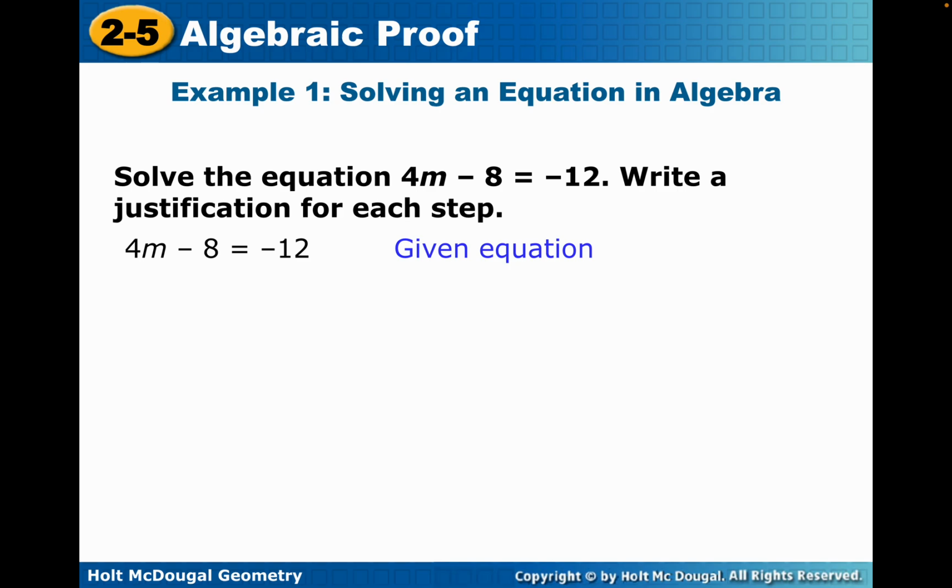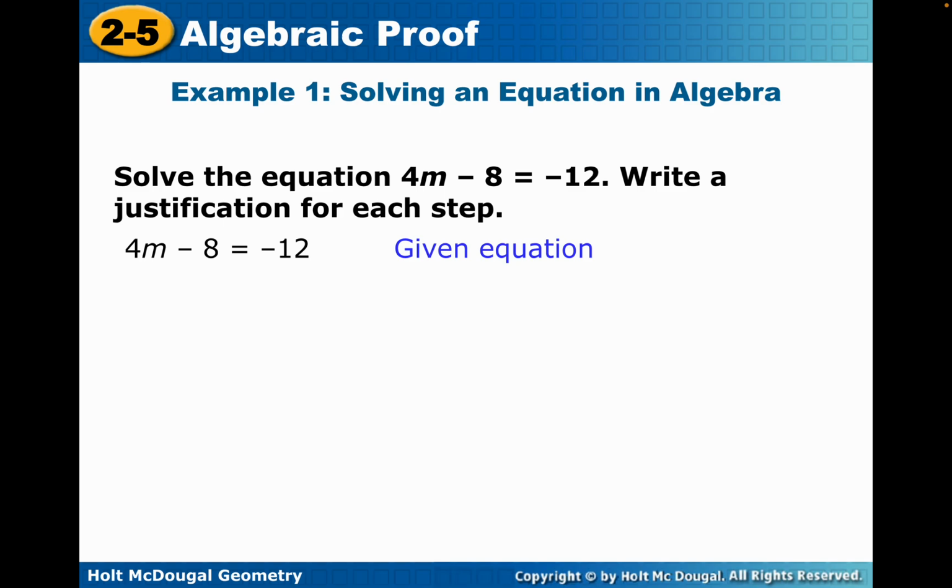Now, when solving, what do I need to do next? Yeah, I'm going to add 8 to the other side. So I'm adding 8 to both sides, and what does that give us? What do we have left? 4m equals negative 4.